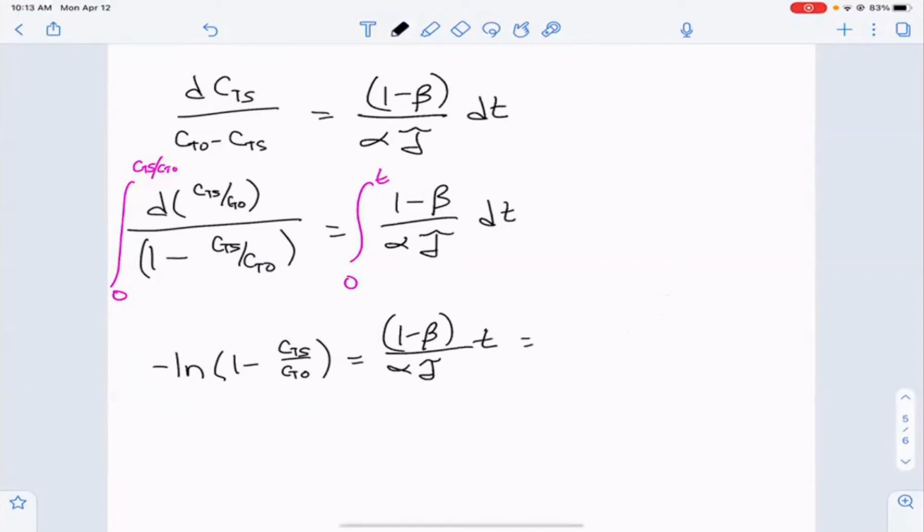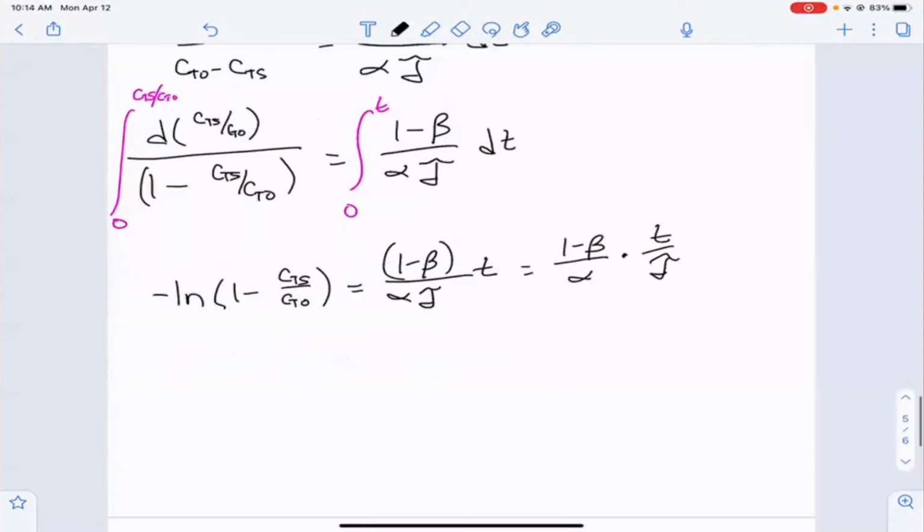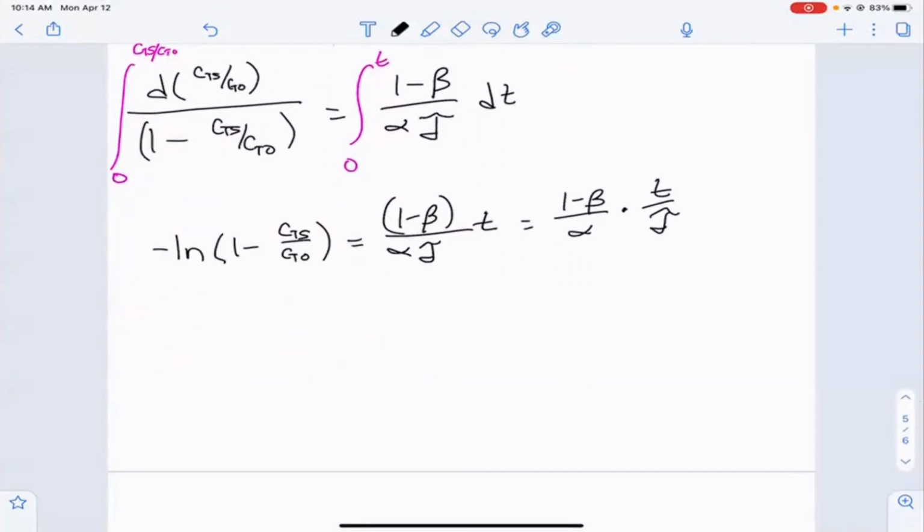When your book derives this equation, they do (1 − β)/α times t over τ. I think they do this just to get the coefficients together, and then you can start to compare the real time versus the number of residence times. So one thing we can do here is multiply by −1 and take the exponent of both sides.